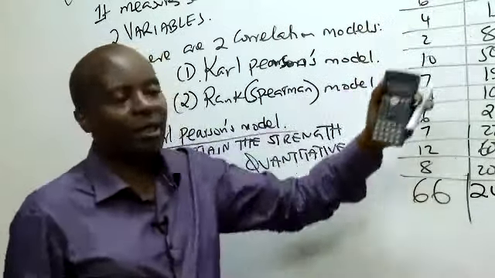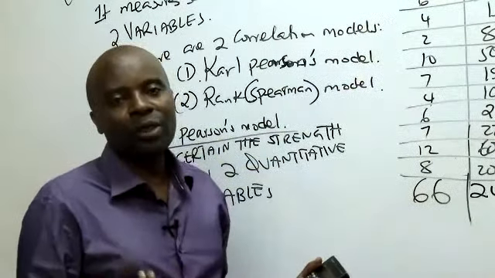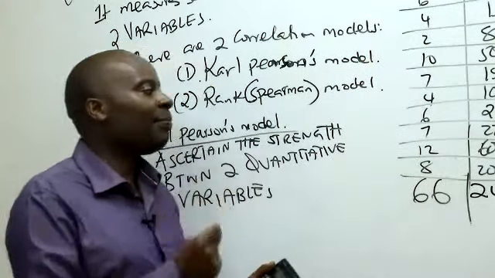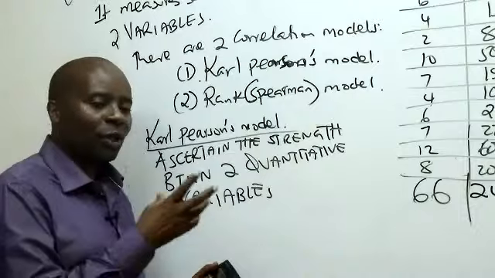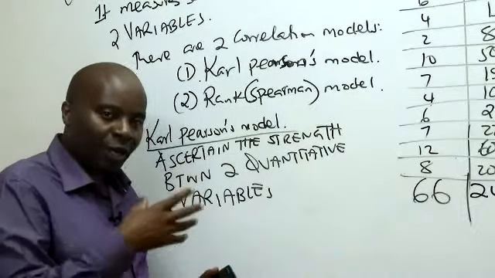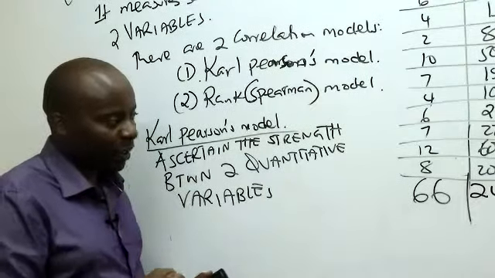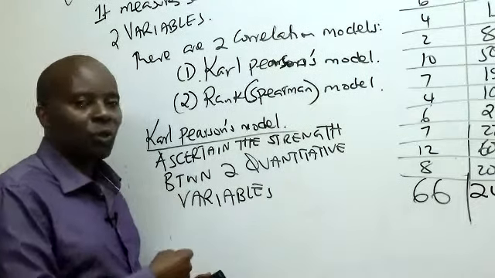And the sales is money, you count. So the best thing to do if you want to see how closely those variables are related is to measure the bond between them using Karl Pearson's model.